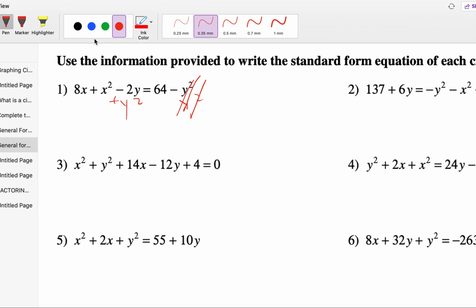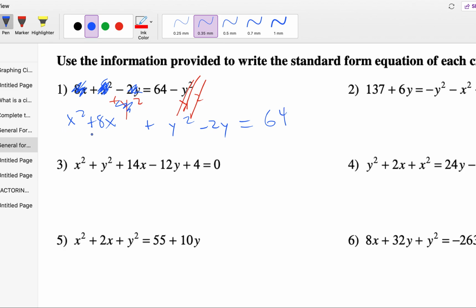So what I really have at this point is, and I'm going to reorder it so I have x squared right here, plus 8x right here, leave a little space, and then y squared, which is right here, minus 2y, which is right here, equals 64.